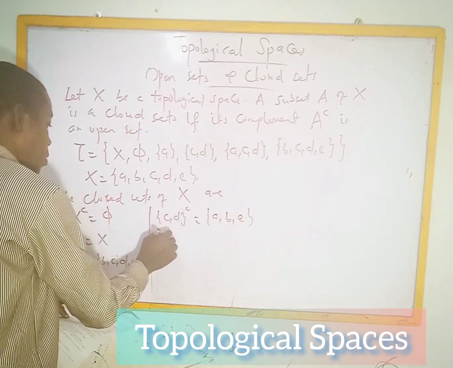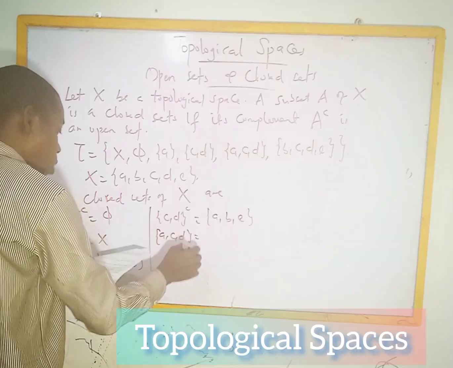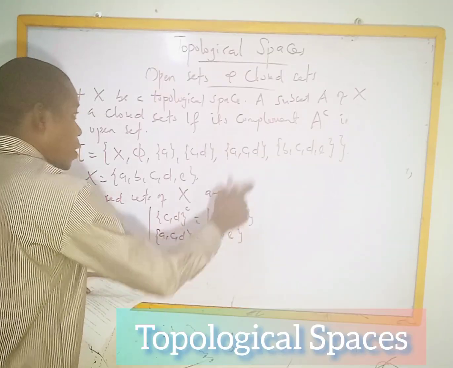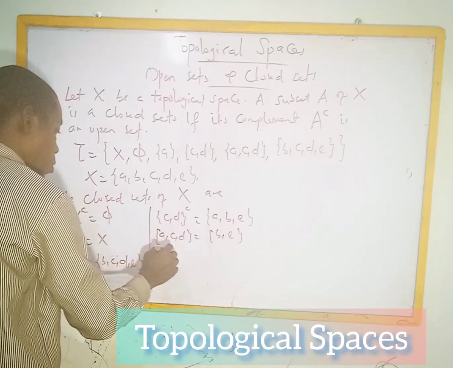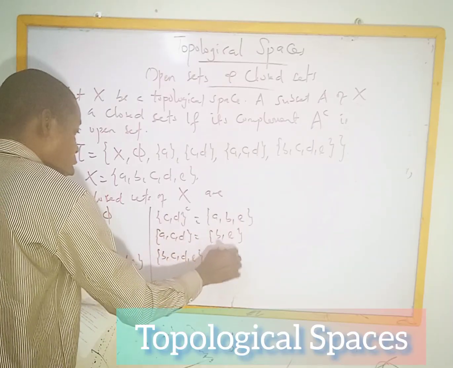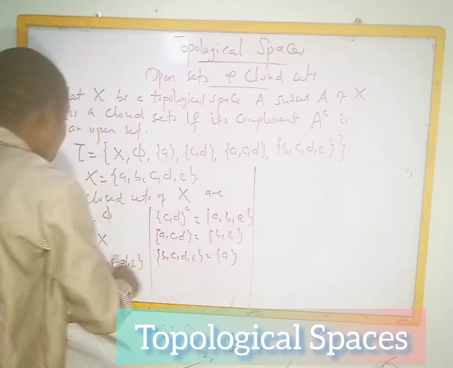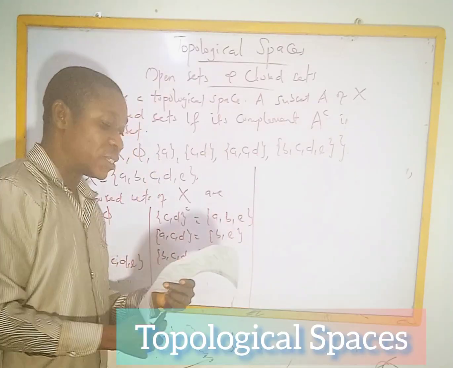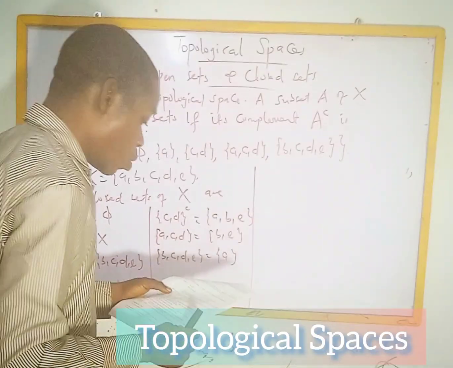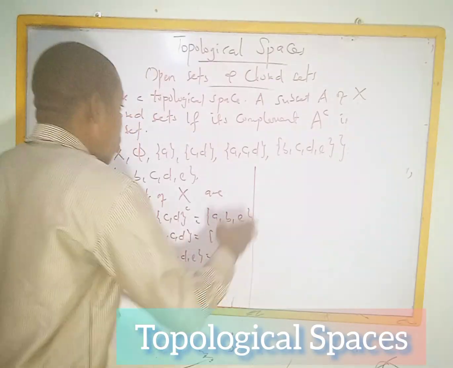The complement of A, C, D gives us B, E. Then the complement of B, C, D, E gives us A. All these sets we have just obtained are called the closed sets.